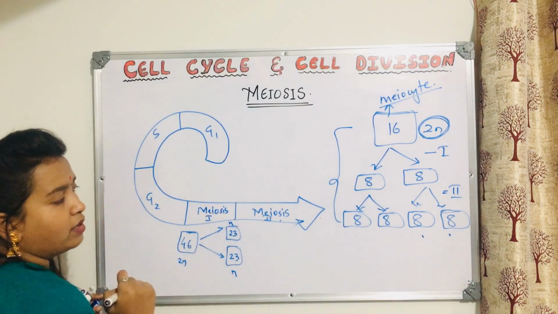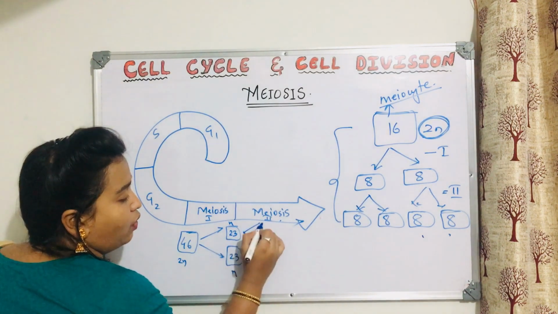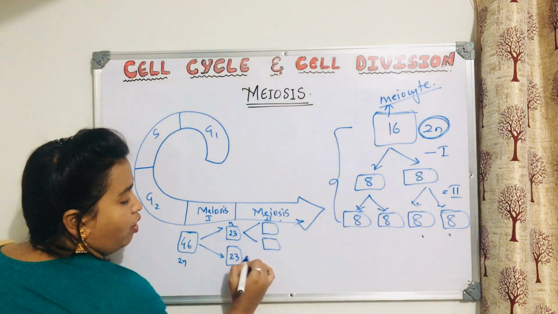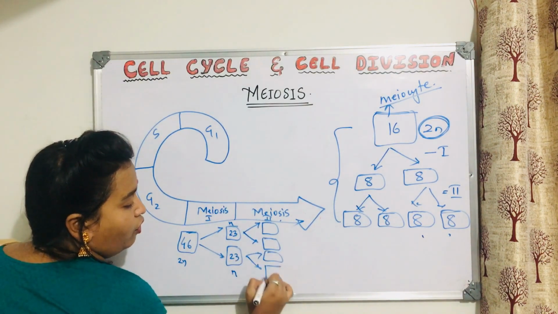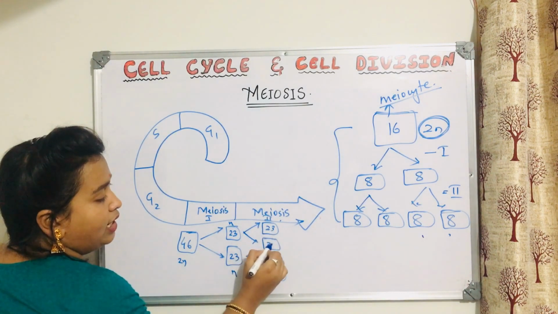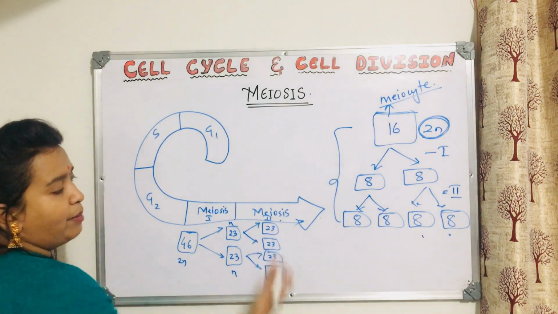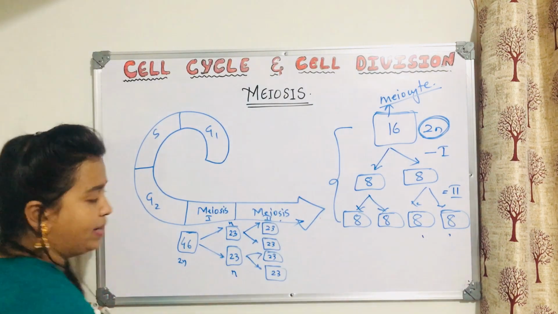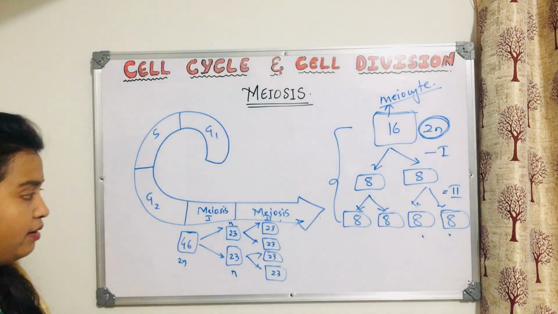In meiosis 2, this will again undergo division to form how many? 4 cells. What is the number of chromosomes? 23, 23, 23 and 23. It can be sperms, it can be eggs, depending upon which diploid it is, female or male.